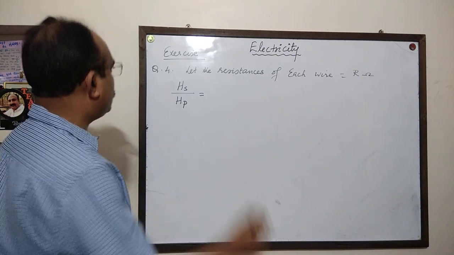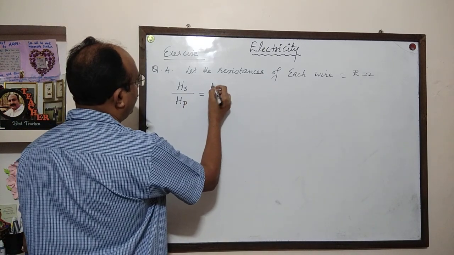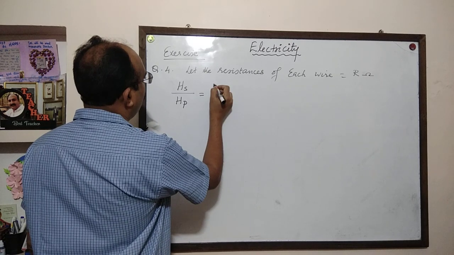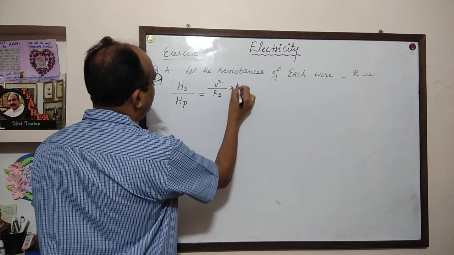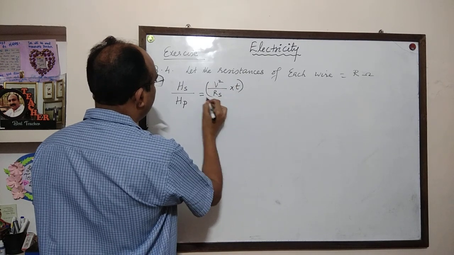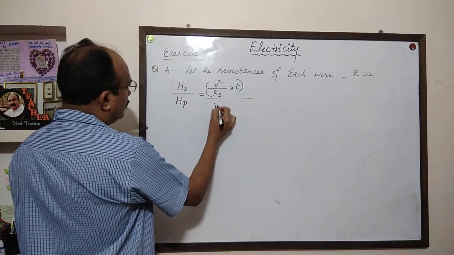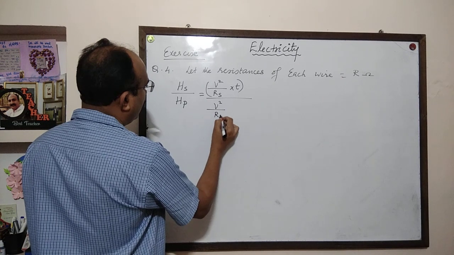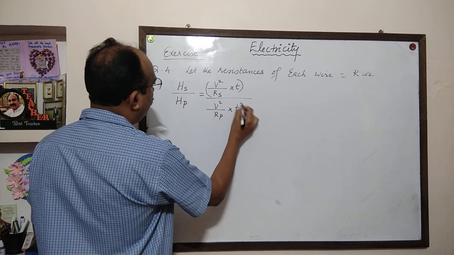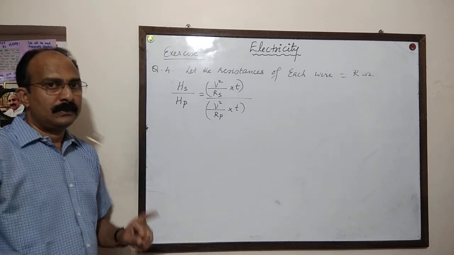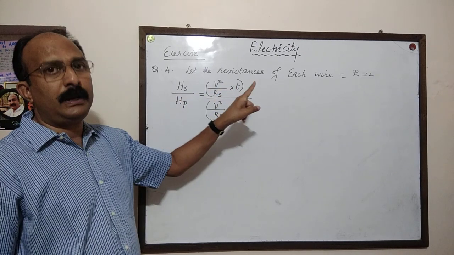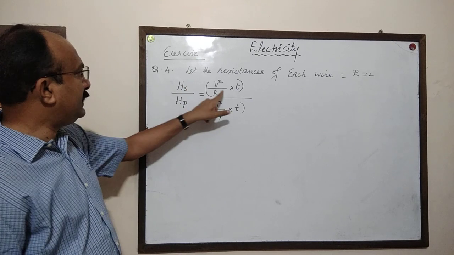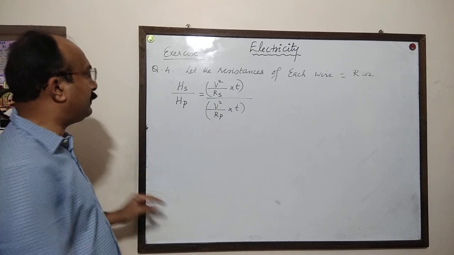Okay. So Hs will become V square upon Rs into T. Hp means V square upon Rp into T. For Hs, this is Rs. For Hp, it is Rp.